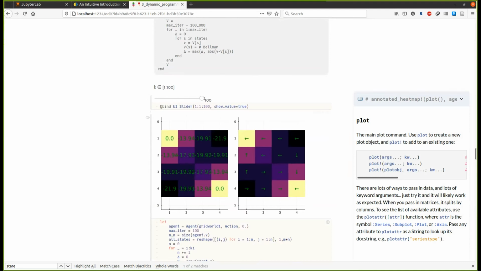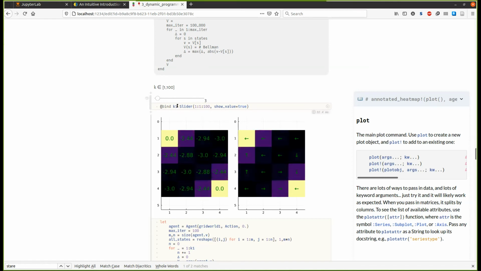But the policy doesn't change after, I don't know, 4 or 5 steps. At 3 steps we have this one pointing in that direction, which is suboptimal, I guess. But in the first step, already all the policy is optimal.